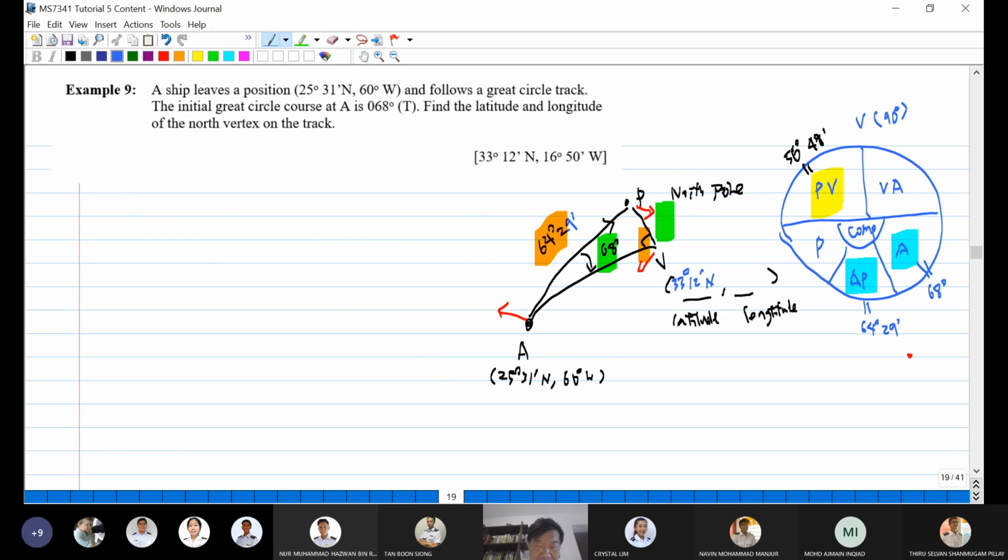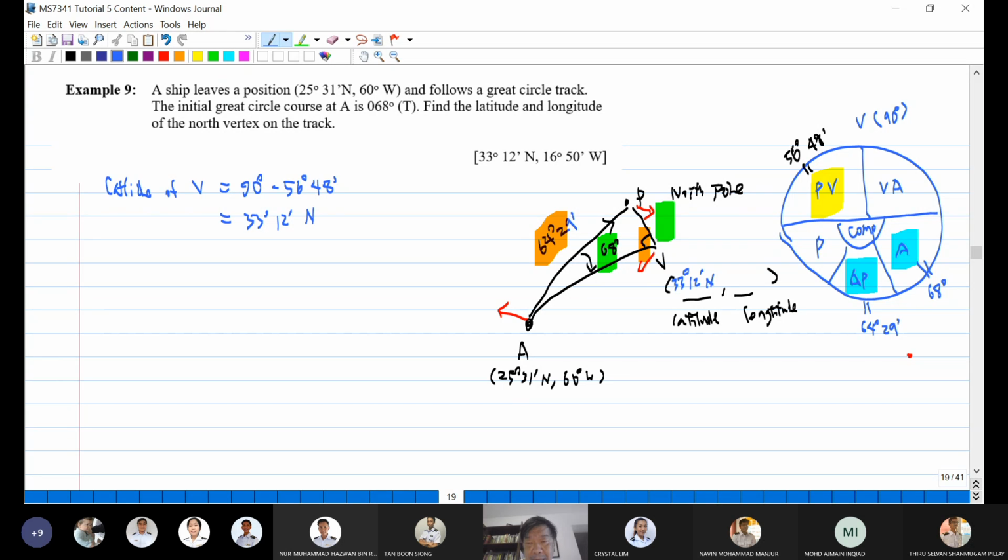You can see V is at a higher point than A. So the latitude of V is 90 minus 56 degrees 48 minutes, which based on this calculation is 33 degrees 12 minutes north. Okay, that's how I get this. So I found PV already.